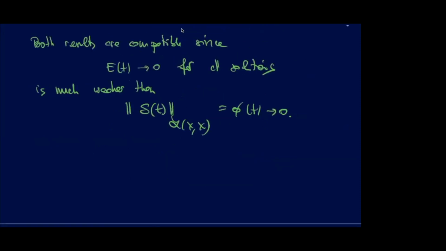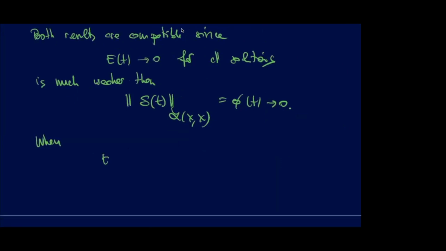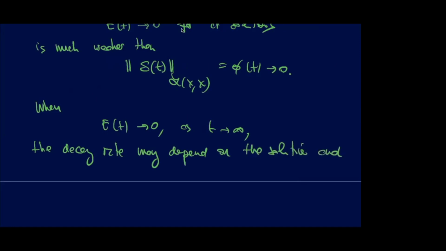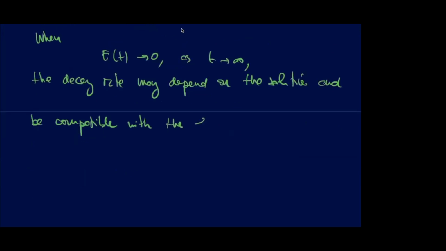In other words, when E(t) goes to 0 as t goes to infinity, the decay rate may depend on the solution, and be compatible with the fact that the norm of the semigroup is equal to 1 for all t, right?